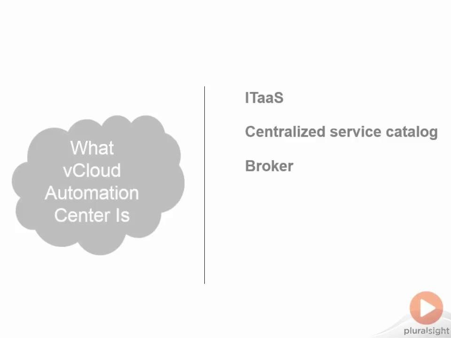I just know that I need a web server. Maybe that web server gets deployed on my private cloud infrastructure on something like a vSphere deployment. Maybe it gets deployed on a public cloud provider like Amazon or VMware. I, as a user, don't have to know any of that, but vCloud Automation Center does all the heavy lifting, and it brokers this communication and this provisioning out to all the different sources it has access to.